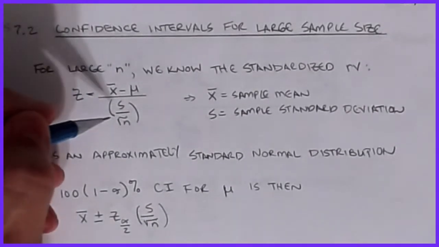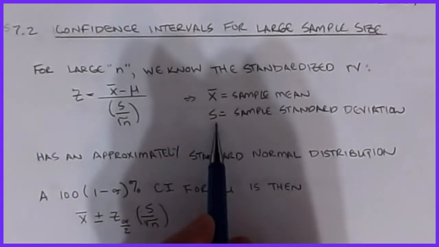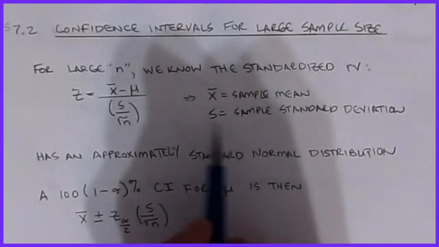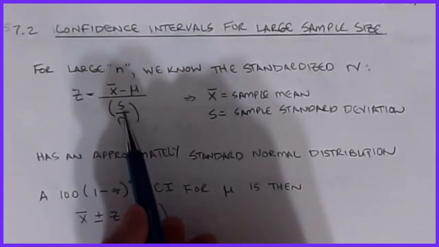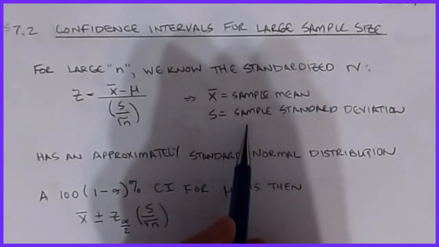Now, the thing that you'll notice here is that X bar is obviously the sample mean, but this is the piece that changes. In the stuff we did before, I had to know the population standard deviation, and it was located here. The rest of the formula is exactly the same, but now it's the sample standard deviation.